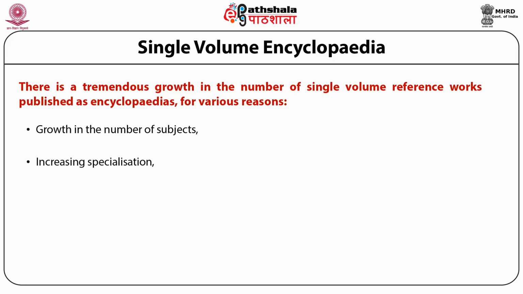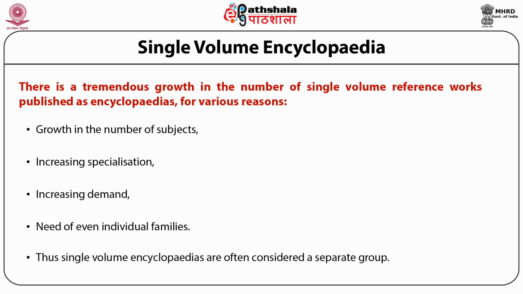Second, increasing specialization. Thirdly, increasing demand. Fourthly, need of even individual families. And lastly, single-volume encyclopedias are often considered as a special separate group. So, due to increasing demand, more and more single-volume encyclopedias are available in the market.